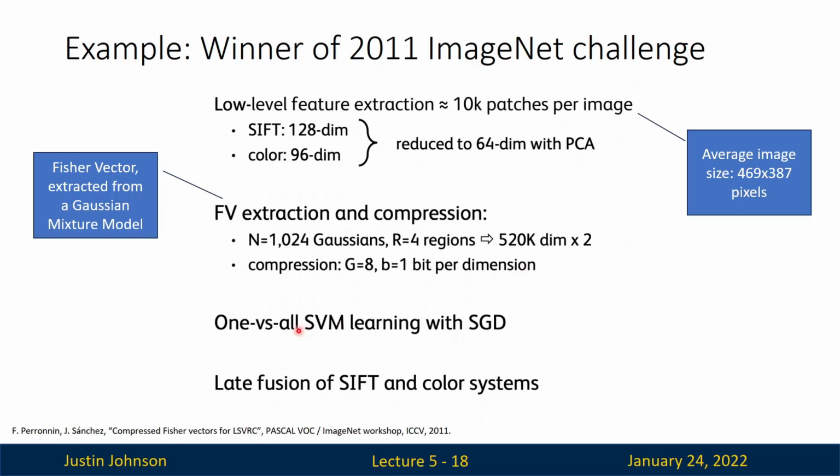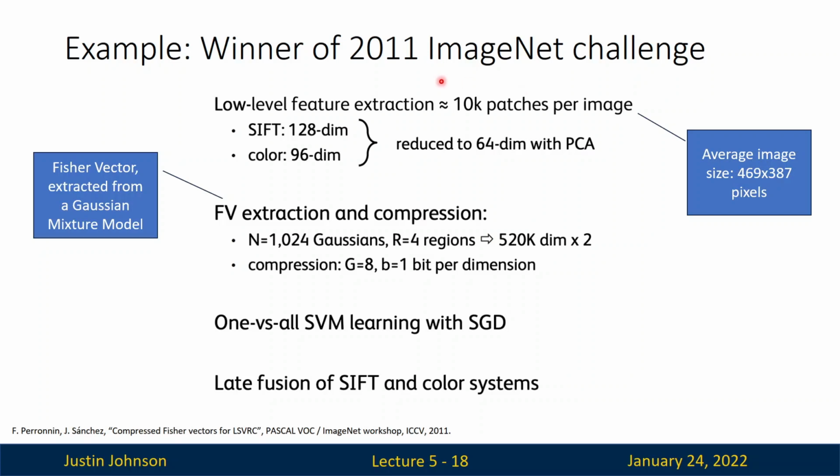And they use SVM with stochastic gradient descent to learn a classifier. Or I should say, learn many classifiers, because ImageNet has different settings: 100 classes, 1,000 classes, and 10,000 classes.